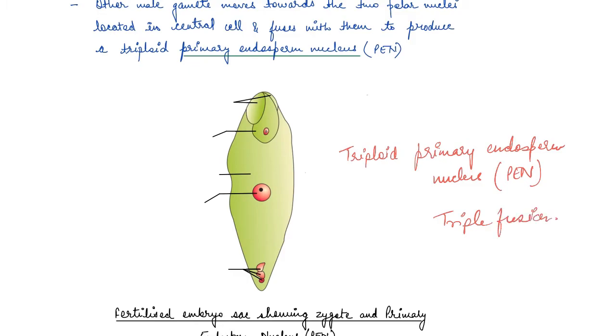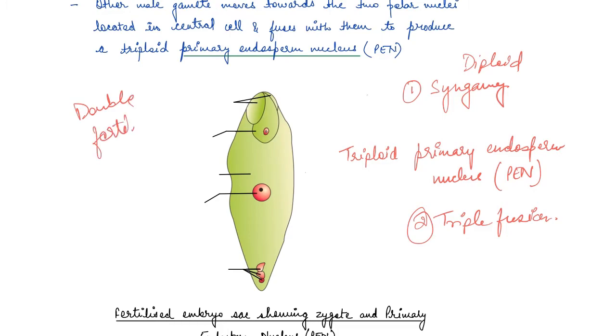Now there are two types of fusion. One is syngamy, which happens between the egg cell and one of the male gametes. The other one is triple fusion. This phenomenon is known as double fertilization, an event very unique to flowering plants.